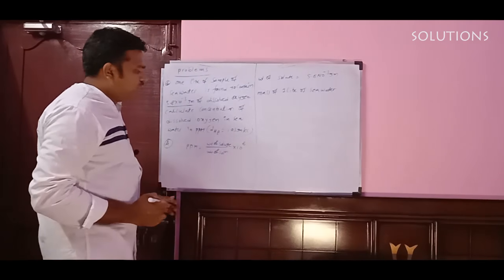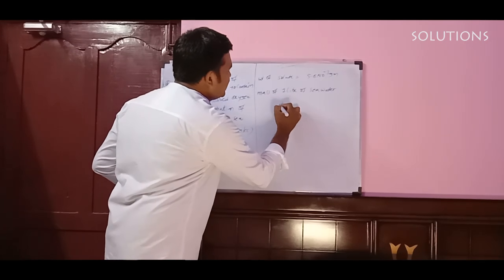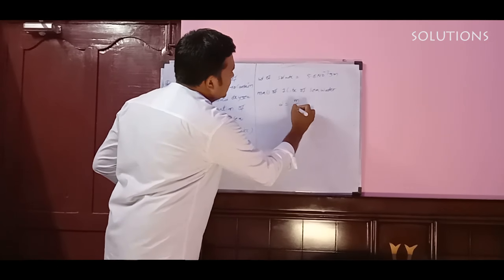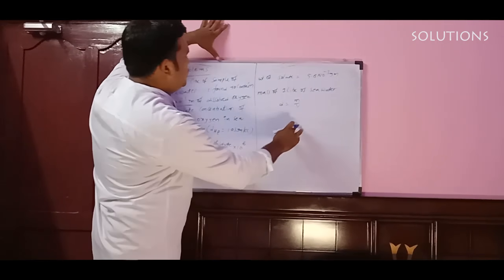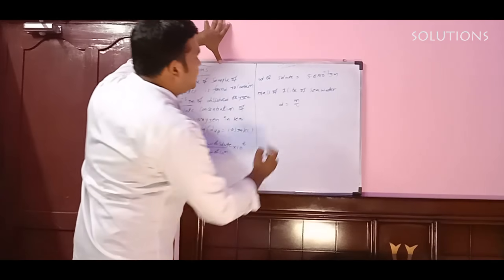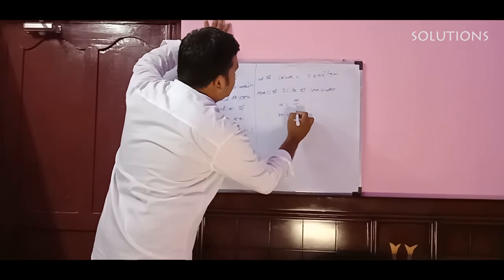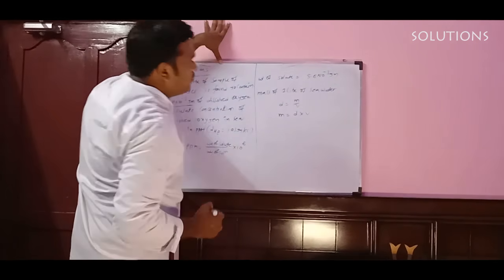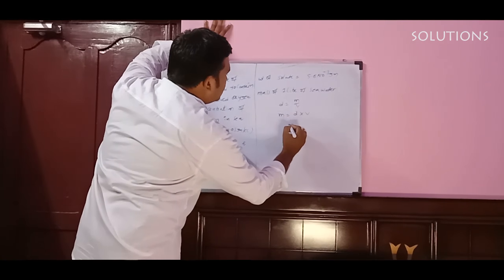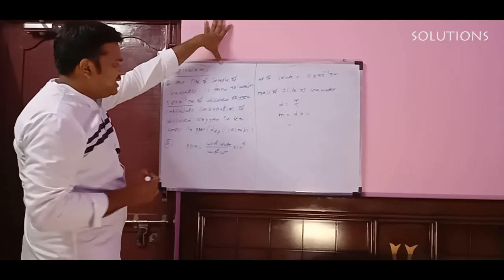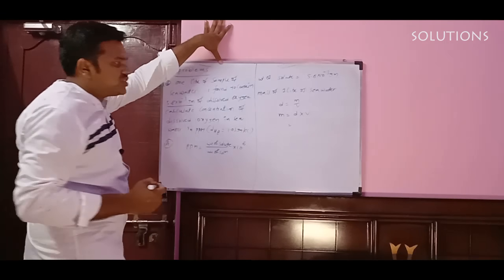You know one formula, density is given. Density is equal to mass by volume. So we have to find mass, which is equal to density into volume. Now, what is the density given? The density is given as 1.03.